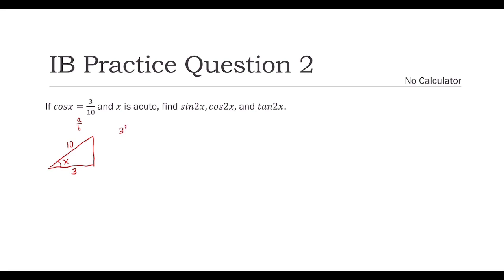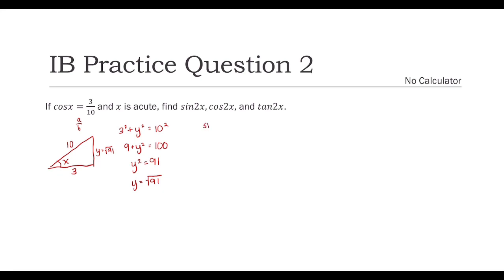So 3 squared plus, we'll label this y, y squared equals 10 squared. So 9 plus y squared equals 100. We'll subtract 9 from each side to get that y squared equals 91. So y equals the square root of 91.